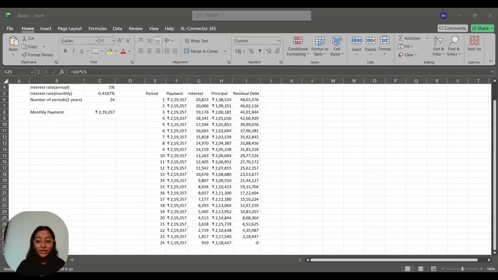And the third point, small changes in interest rate matter, because a change from 5% to 6% may look small, but over 24 months of EMIs it meaningfully changes the monthly interest and your total cost of borrowing.